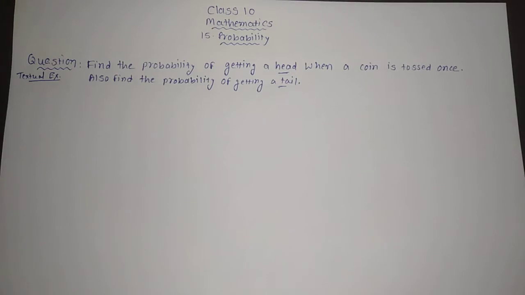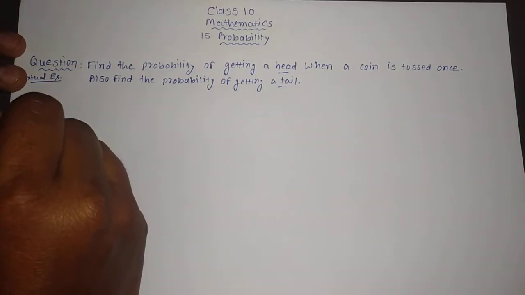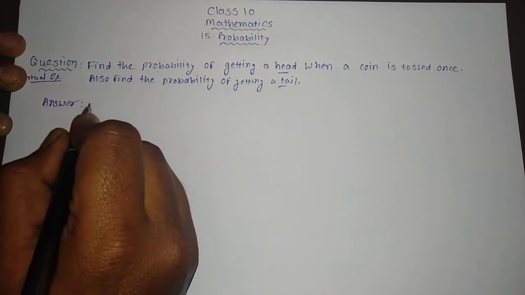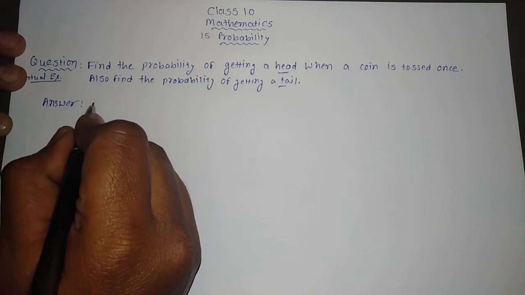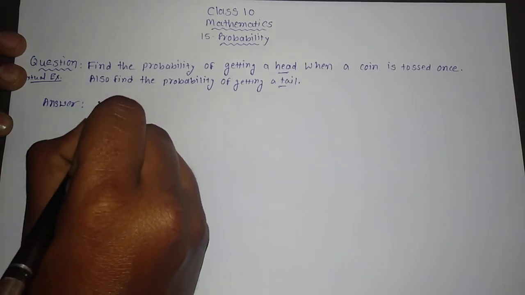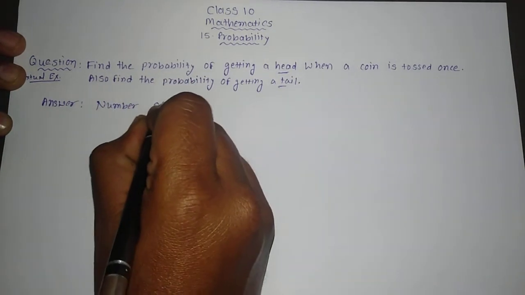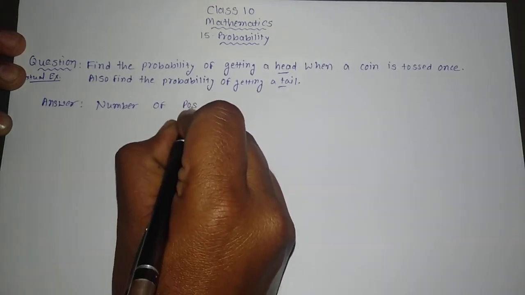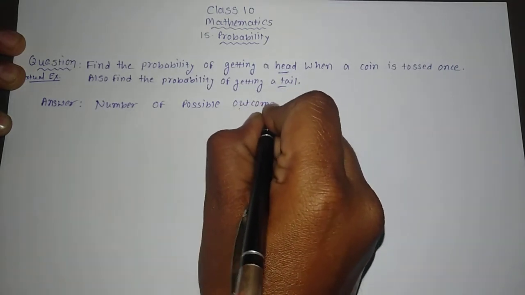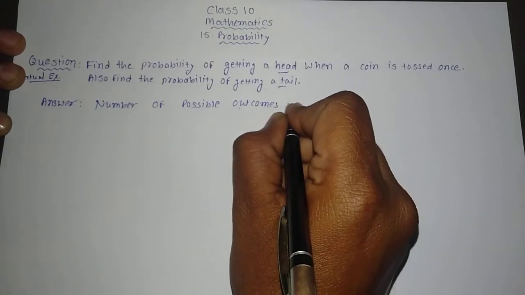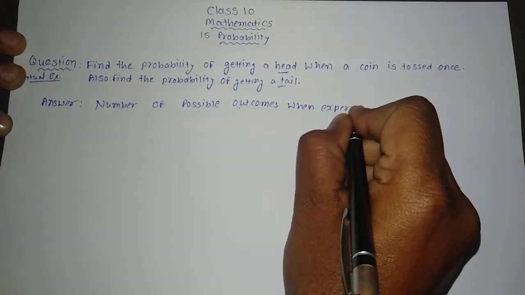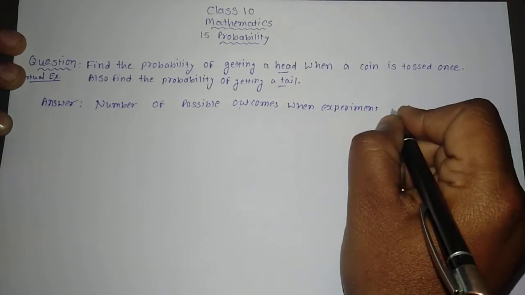First of all, what are the two outcomes? Answer: the number of possible outcomes when the experiment is carried out.